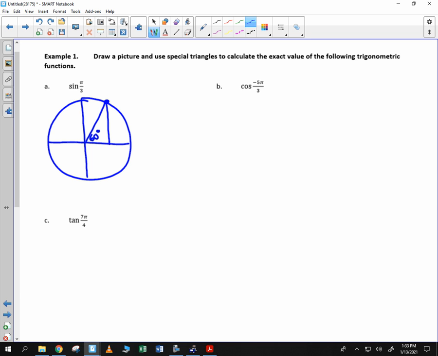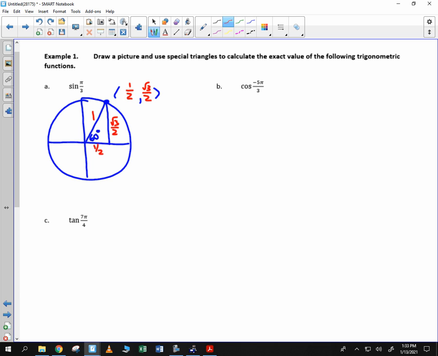In order to determine the sine of pi over 3, I need to determine this terminal point. What we have learned so far in this unit is that the radius is always 1, the shorter side is half, and then we multiply by the square root of 3 to get the longer side. So the terminal point is 1/2, root of 3 over 2.